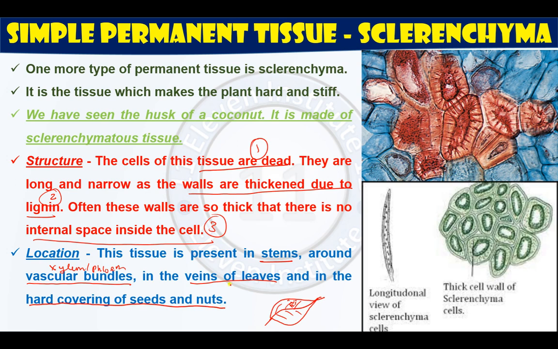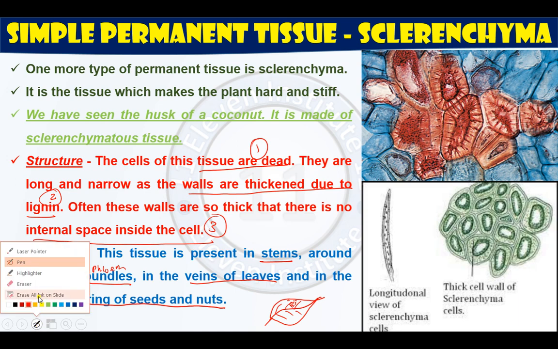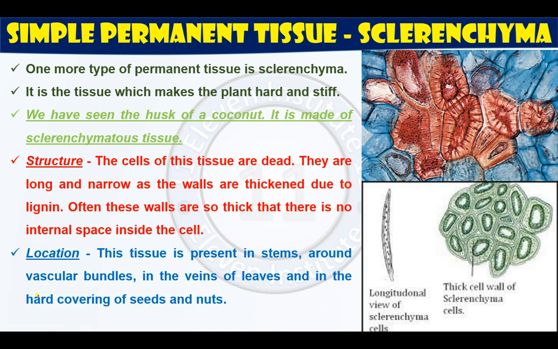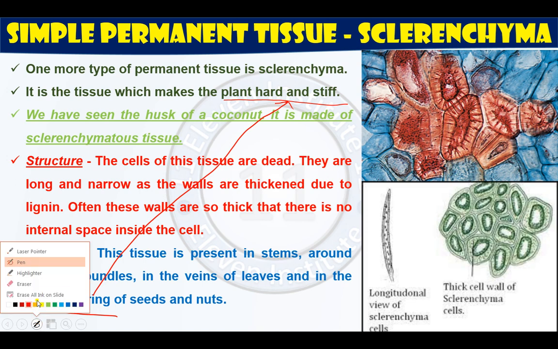Whenever you see a fruit, their seed or nuts, the hard covering is due to the sclerenchyma tissue. Now you can correlate that hard covering with the fact that they make the plant hard and stiff. So obviously, I hope you don't find any problem in understanding this.